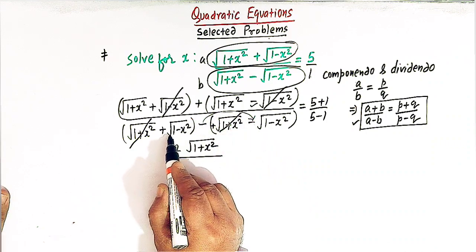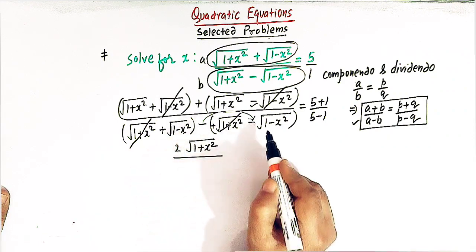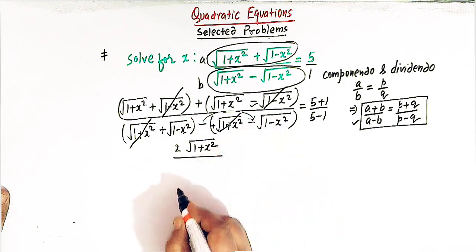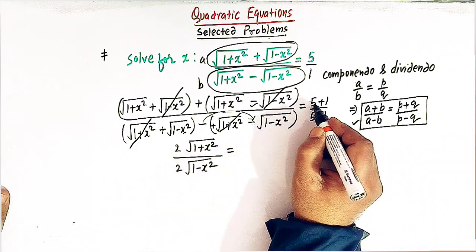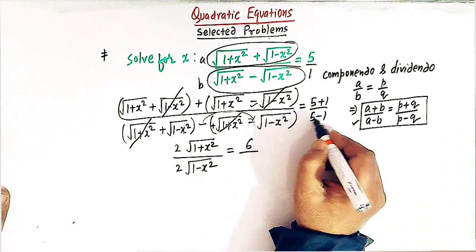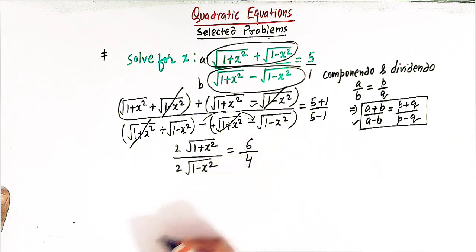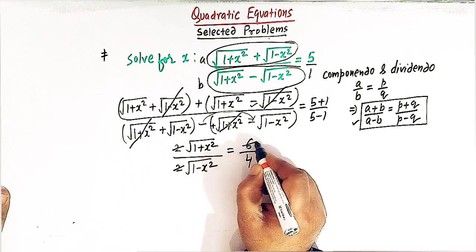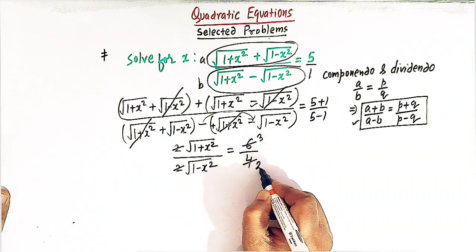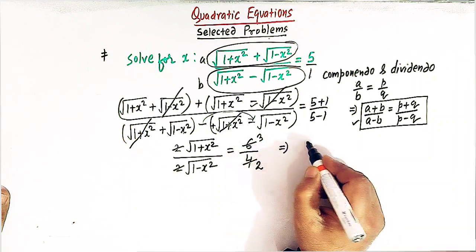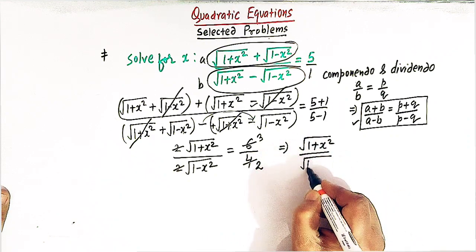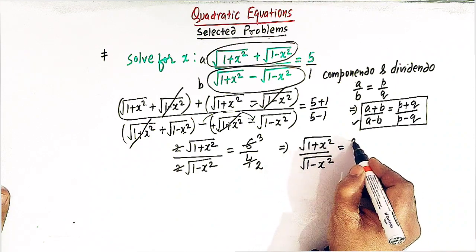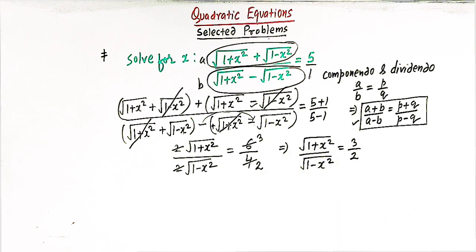So we have √(1−x²) plus √(1−x²), which is 2 times √(1−x²). On the right we have 5 plus 1, 6, and 5 minus 1, 4. So this 2 and this 2 get cancelled, and 2 threes are 6, 2 twos are 4. So now we have √(1+x²) divided by √(1−x²) is equal to 3 over 2.